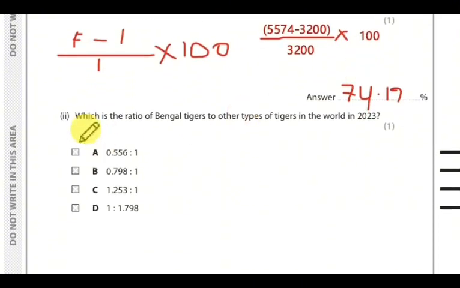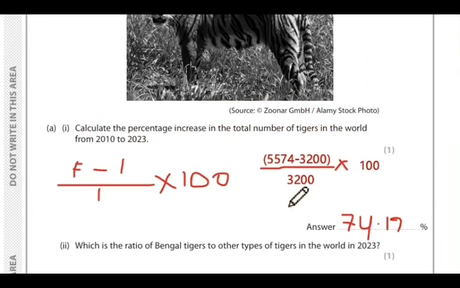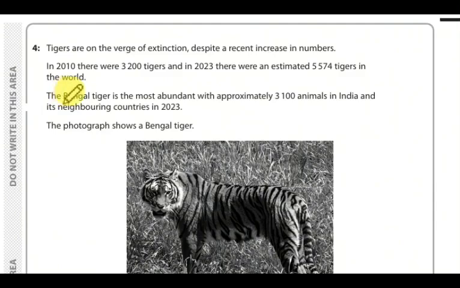What is the ratio of Bengal tigers to other types of tigers in the world? So we need to calculate the ratio of Bengal tigers to the other types of tiger in the world. The Bengal tiger is the most abundant with approximately 3,100.